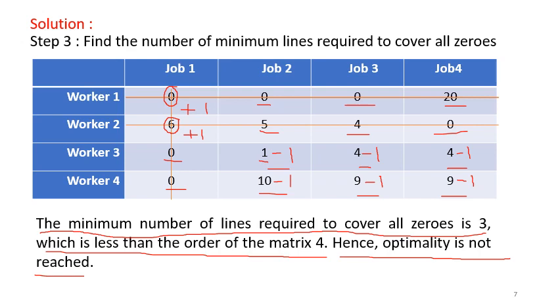So please keep in mind what you have to do. Just look at the table that you have got after column reduction. See what is the minimum number of lines required to cover all the zeros. Now in this case you have got the minimum number of lines as 3. So now check the least uncovered element, subtract that least uncovered element from all other uncovered elements, add that least element to the intersection point elements, and all other elements through which a single line passes will remain the same.